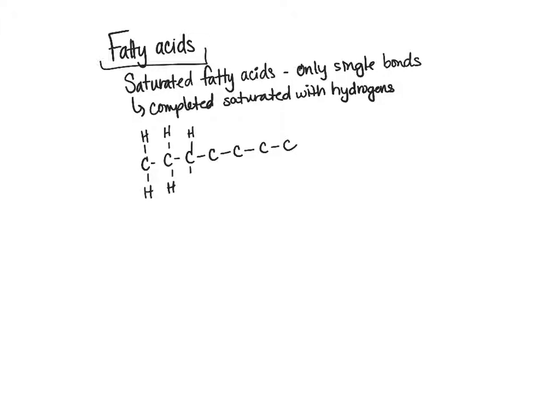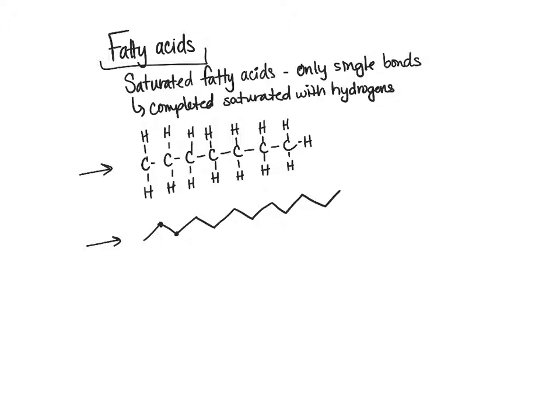If a carbon is not bonded to the other carbons next to it, it is bonded to hydrogens. Another way to draw this is simply like this, because whenever we don't see a bond, that's a hydrogen, and each of these points is a carbon. This is one representation of a fatty acid, and this is another representation. That's the rest of the molecule we'll talk about.